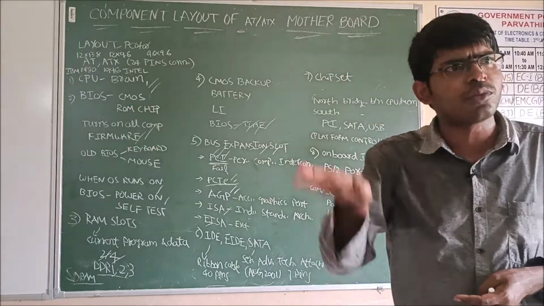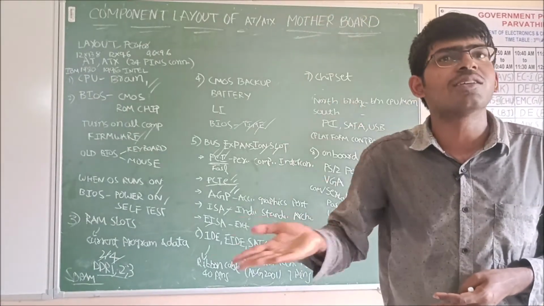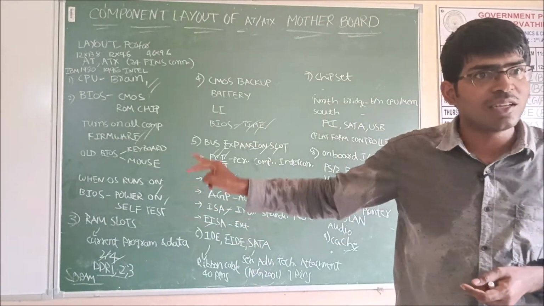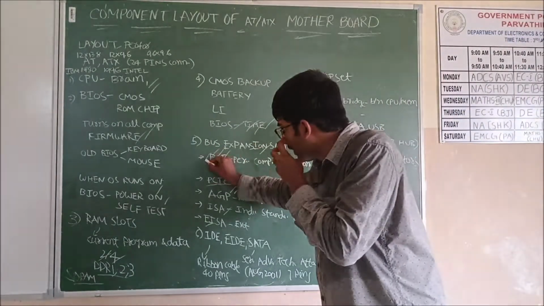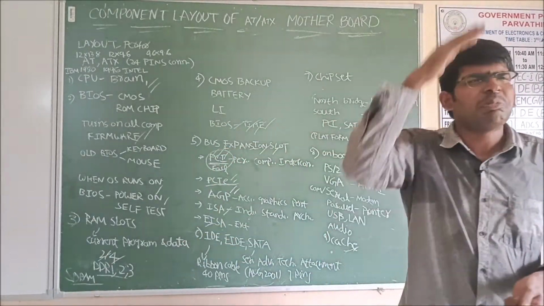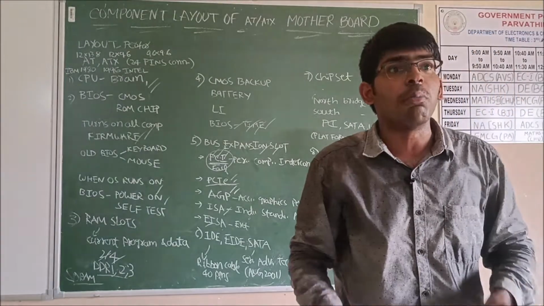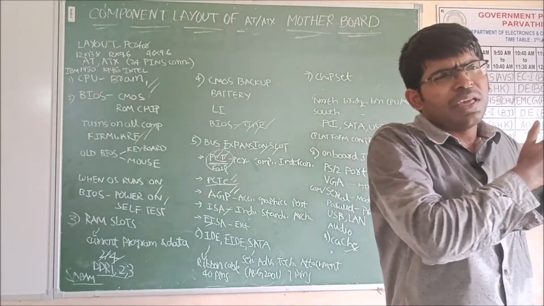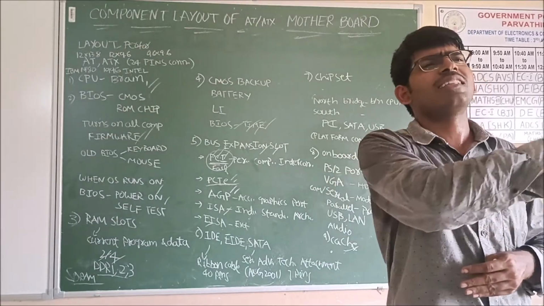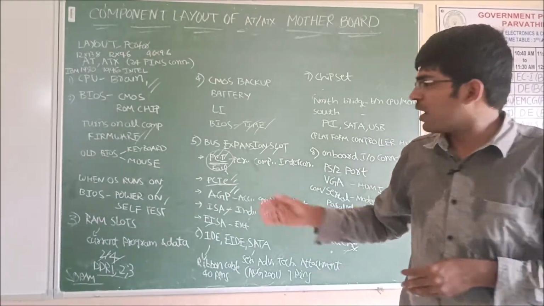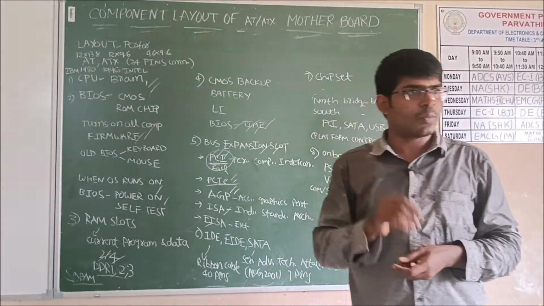Extended from 8-bit to 32-bit. But still it is not useful now. Previously these two slots were useful. But now we are using only the PCI slot. This PCI slot is also not useful now, but it has been continuing for a long time, so they are keeping it, saying, okay, let this PCI be. Remaining all the slots we are not using now.